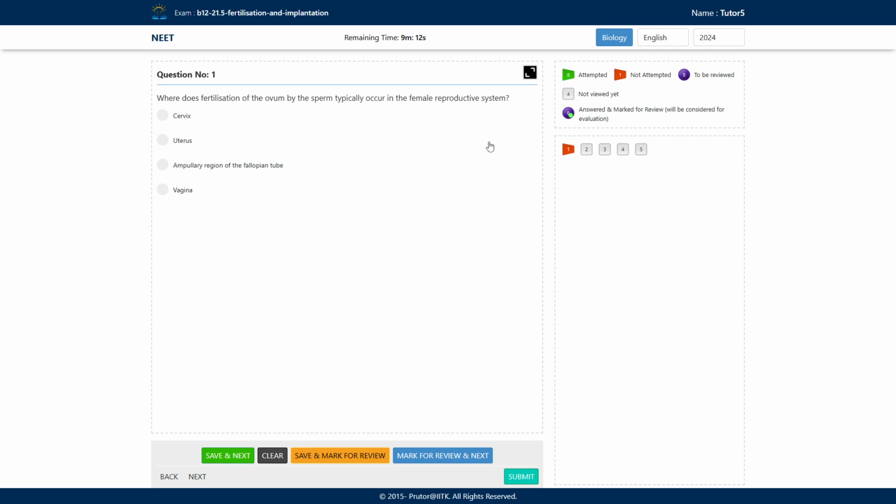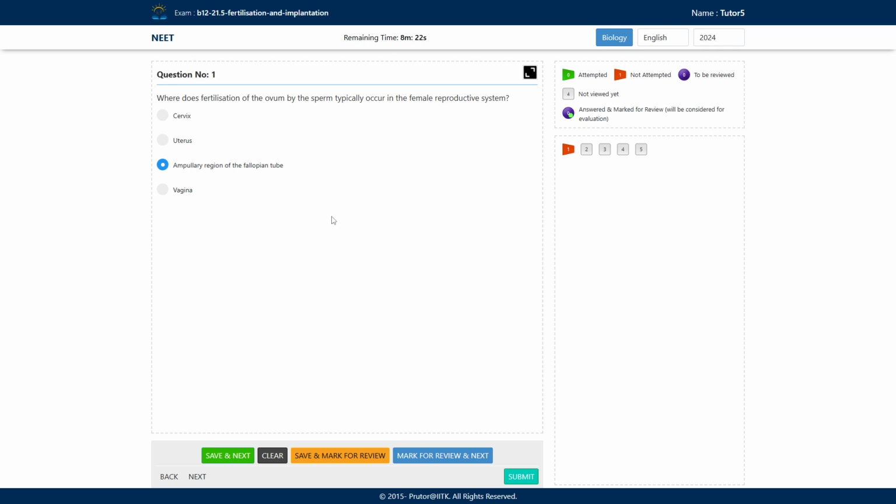So what will be the correct answer from these options? The correct answer will be ampullary region of the fallopian tube.